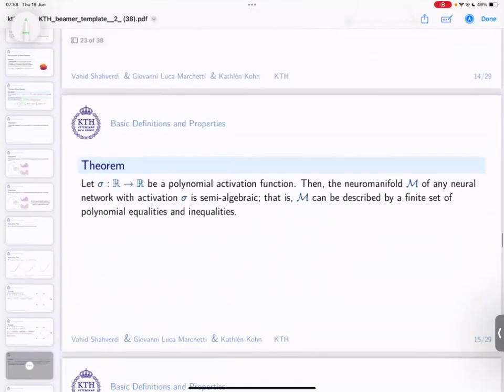So what else do we know when we consider polynomial activation functions? This theorem is a consequence of the Tarski-Seidenberg theorem. It says that the neuromanifold of any neural network with polynomial activation function is a semi-algebraic set. It means that M can be described by a finite set of polynomial equalities and polynomial inequalities.